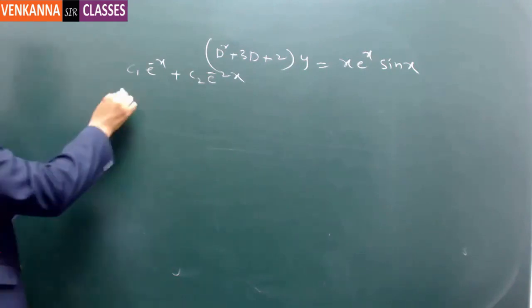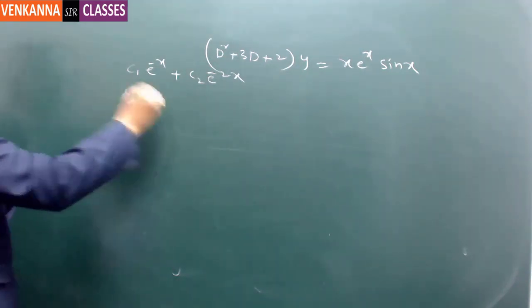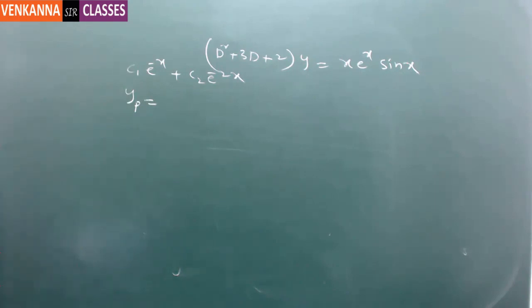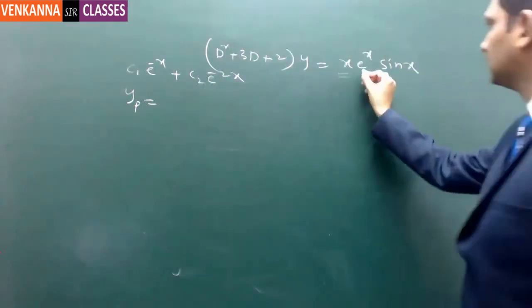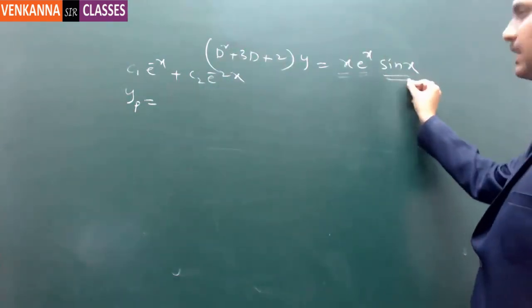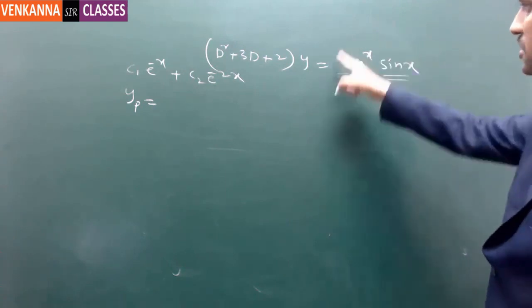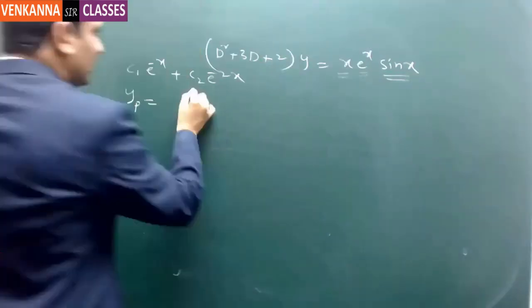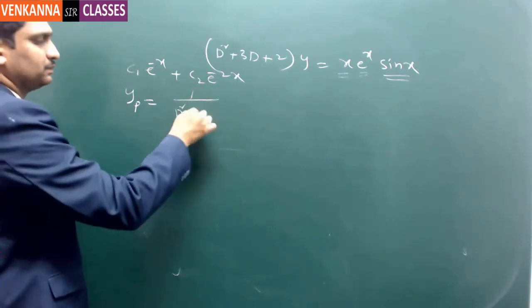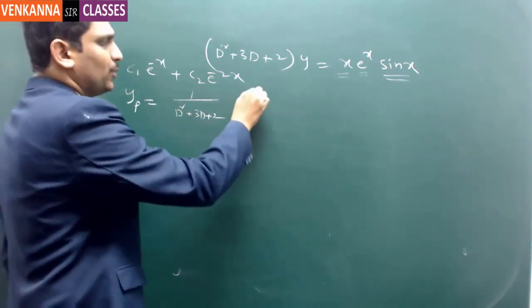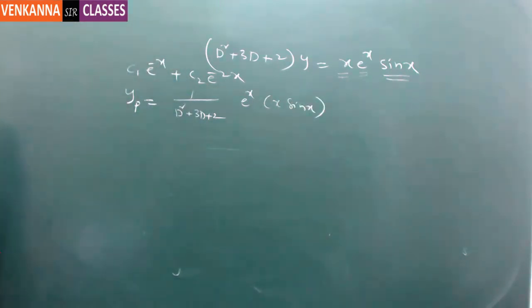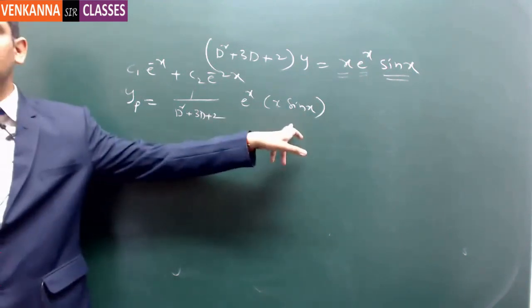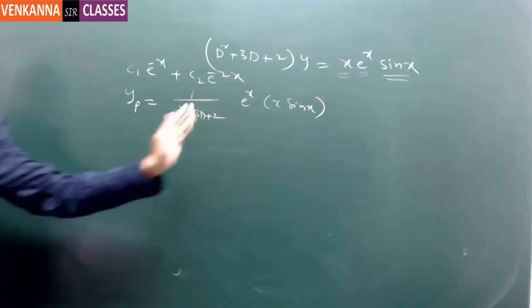Now coming to yp, if you observe the right hand side, it contains three functions: x, e power x, sin x. Whenever three functions are there, we always treat it as of the form e power x into something. So first we apply the methodology of e power x into something, later we go with the remaining procedure.